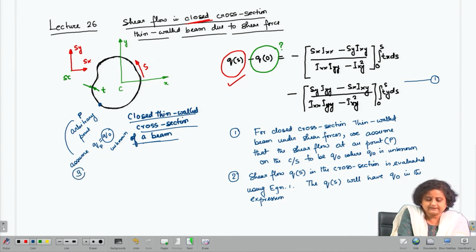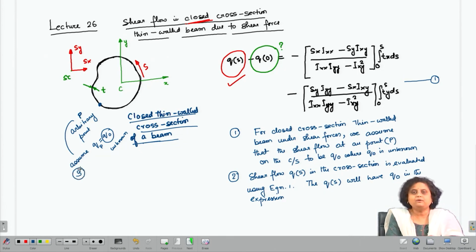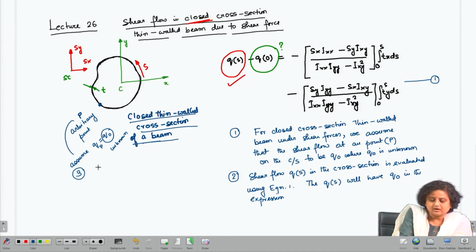So, in the third step, we will assume that the shear forces are passing through the shear center of the cross section. Even if they are not passing through the shear center, we will assume that the shear forces are passing through the shear center of the cross section.